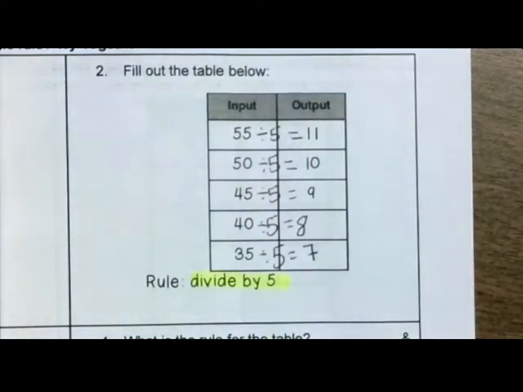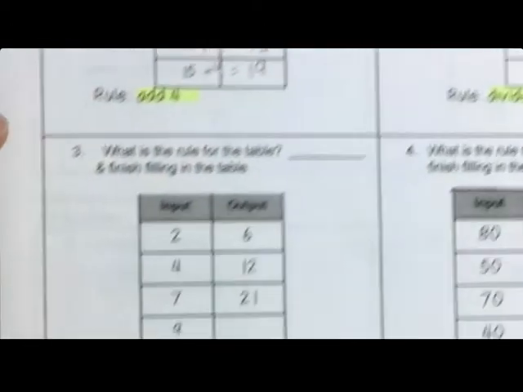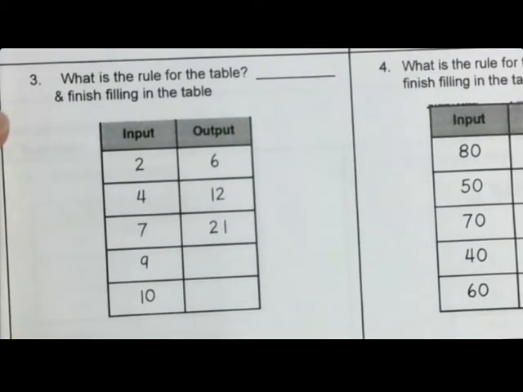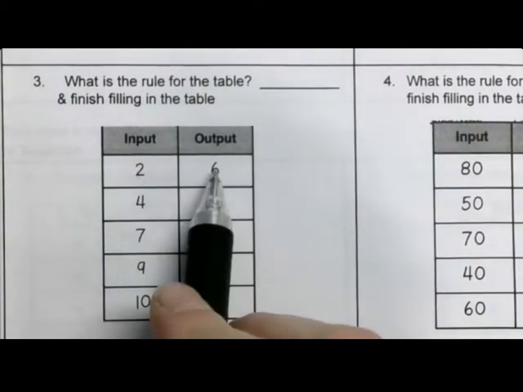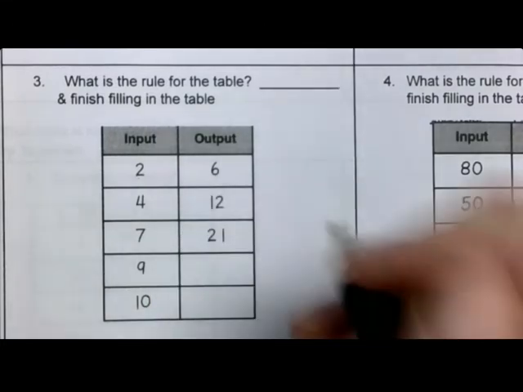Good. For the next ones, they want us to tell them what the rule is. We're going to actually have to figure it out. So it says that I start with 2 and I end at 6. Okay? So what are our options?